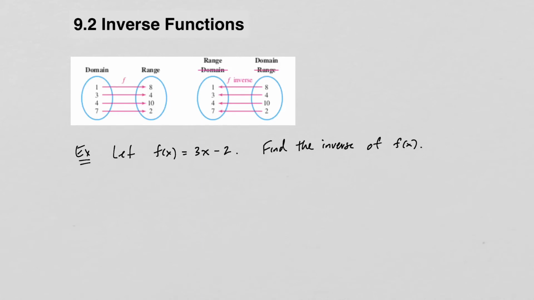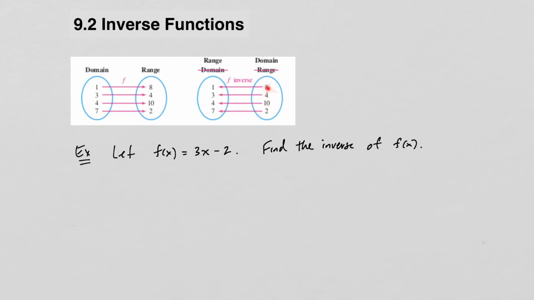The idea of an inverse function is that it reverses the process. So it will undo what the function did. So the inverse of this function f would take these numbers, 8, 4, 10, and 2, and send it back to where it came from.